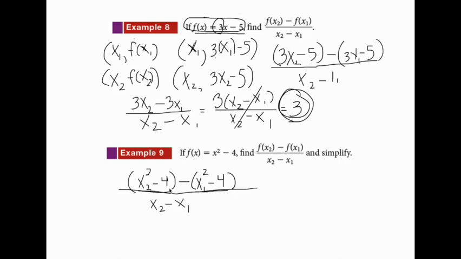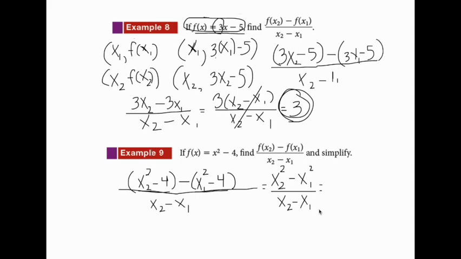Now, when I simplify this, I get a minus 4 minus a minus 4. So this minus 4 and this 4 turns into a plus because I got a double negative. The 4's disappear. And so on the top, I'm left with x2 squared minus x1 squared all over x2 minus x1.